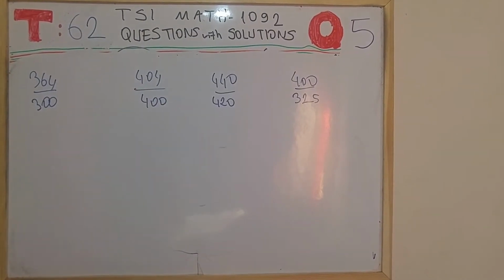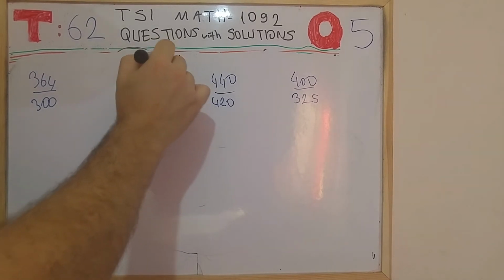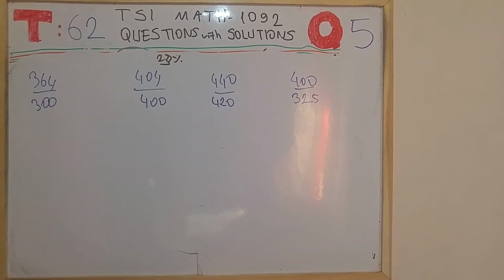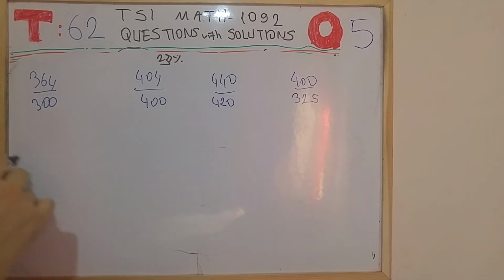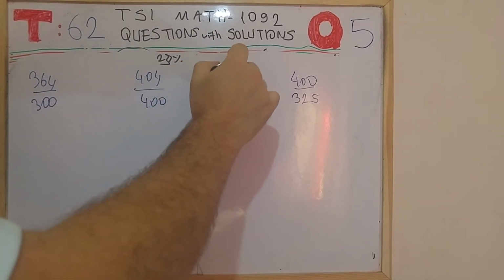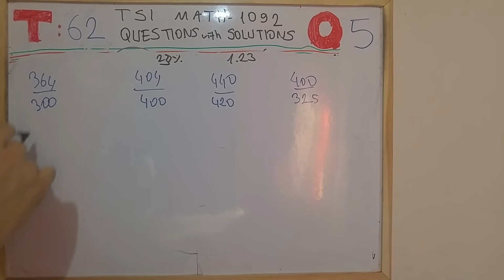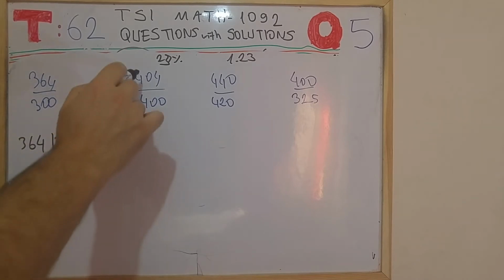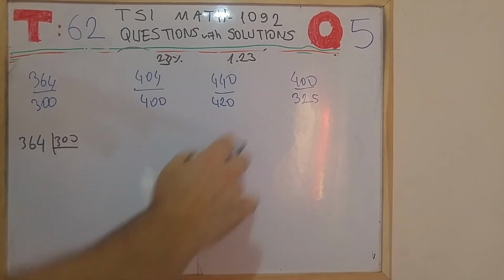What I'm supposed to do is to find the one with the increase of 23% in one of these choices, and actually that would mean that one of these ratios must be equal to or very close to 1.23. So I need to calculate each of these choices. I have to divide 364 to 300, and similarly 404 to 400, and this to this, this to this.